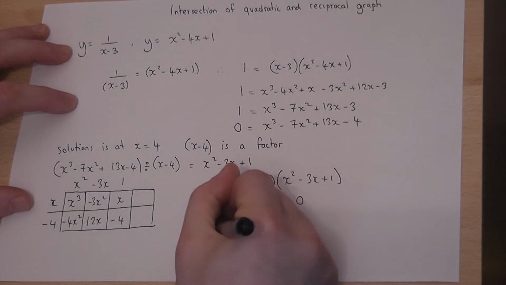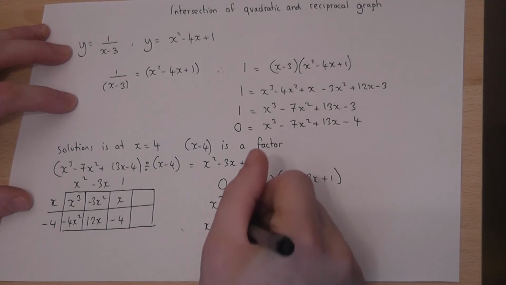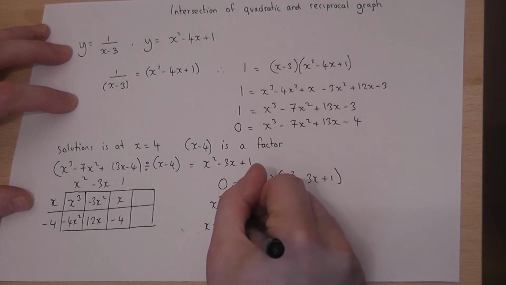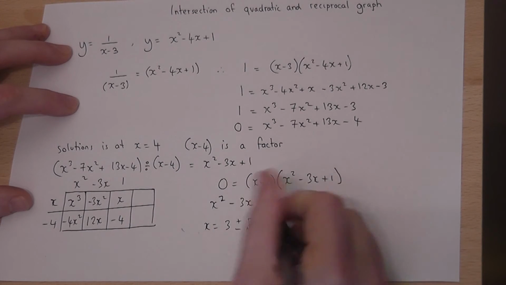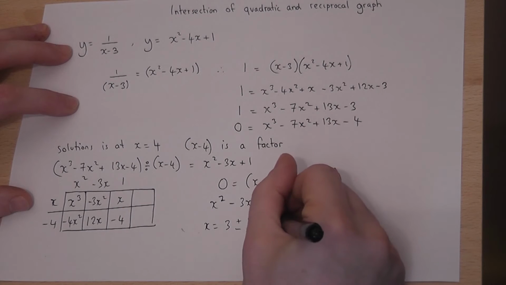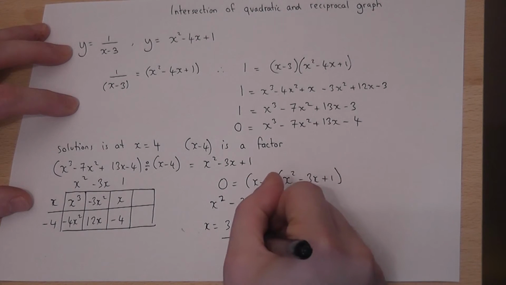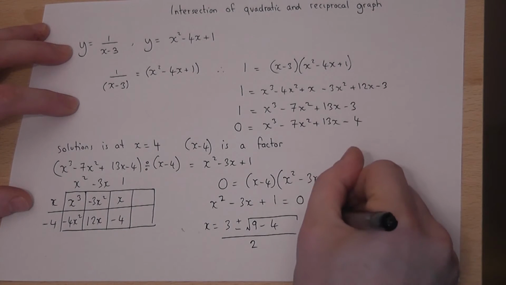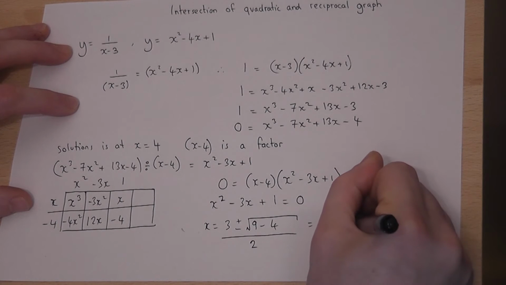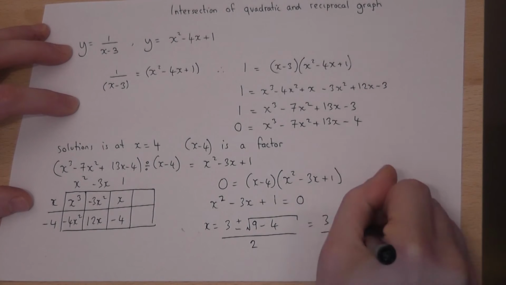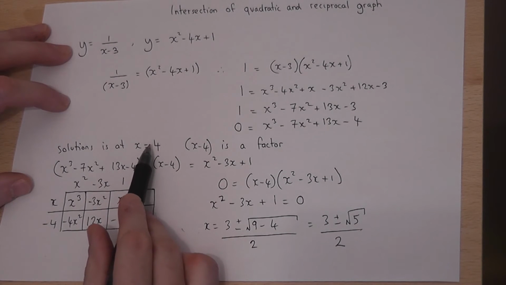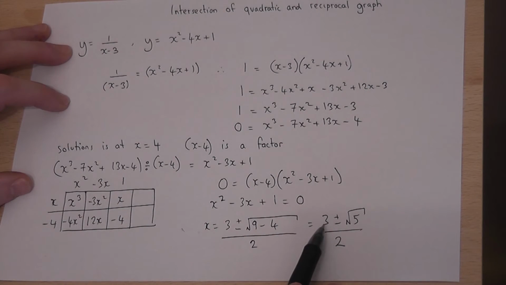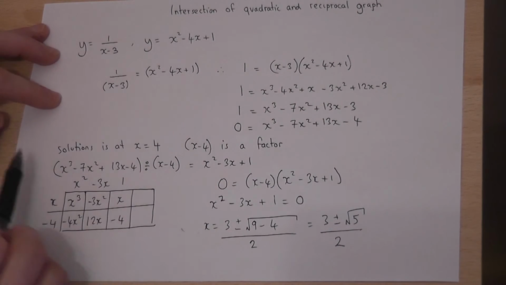So x is equal to minus b, which becomes plus 3, plus or minus the square root of b squared, which is 9, minus 4 times a times c, which is 4, all over 2 times a. So x equals 3, plus or minus the root of 5, all over 2. So I've got one given solution to help us solve the equation, followed by the other two roots down here.